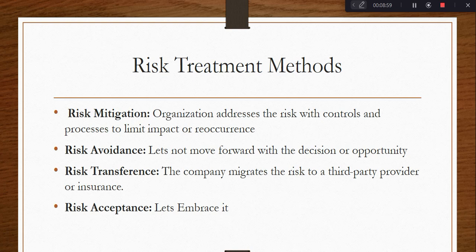This is done only and only when the risk impact is very, very low. Say you are losing only $1 or 1 rupee out of a 50 billion or 50 crore investment, then maybe we'll go ahead and accept the risk. So remember, risk acceptance should always be the last option and the impact should not be big.